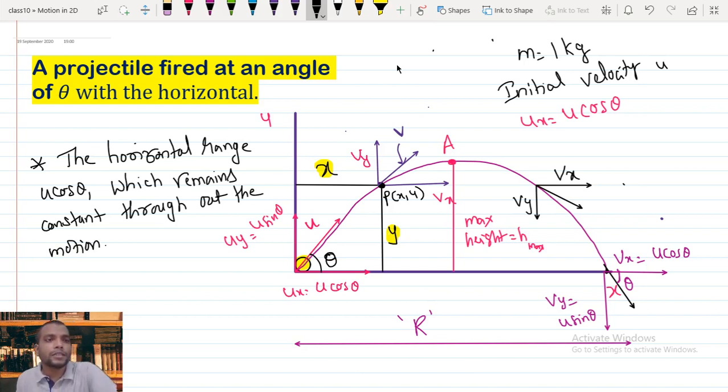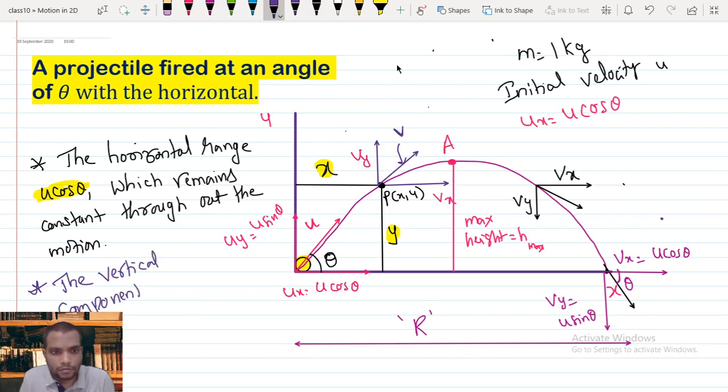The horizontal component u cos theta remains constant throughout the motion. Now here the game changing factor, who is that? The vertical component, that is equal to u sin theta.